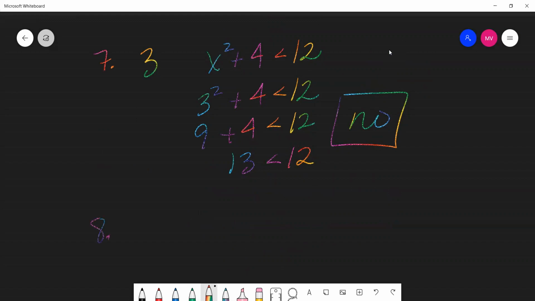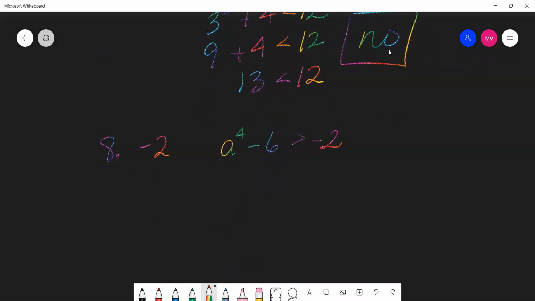All right, last one. Is -2 a viable solution for a to the power 4 minus 6 is greater than -2? I sort of kept this easy because on the quiz, they're really kind of this easy.